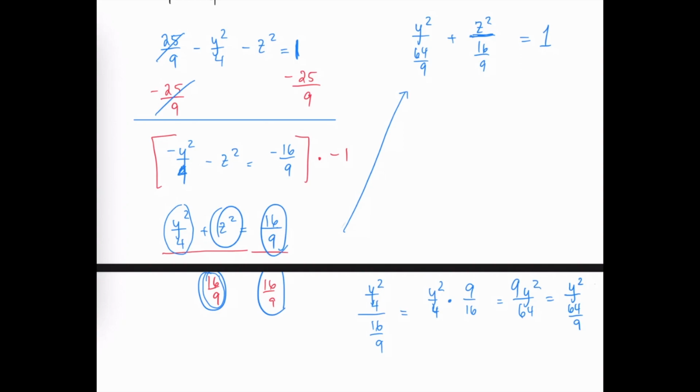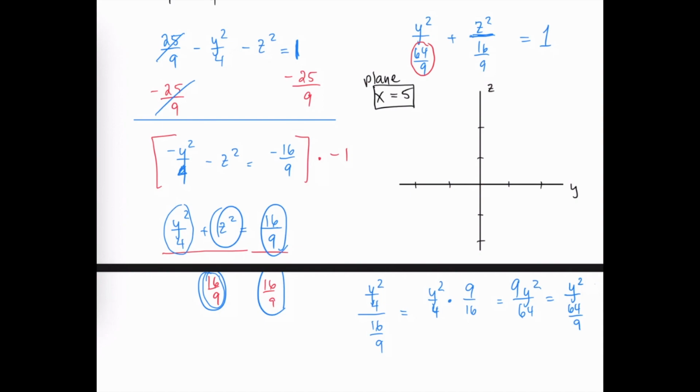So in the plane x is equal to 5, which is a plane that is parallel to the YZ plane, let's kind of just draw it like this. We're going to have an ellipse centered at the origin, traveling square root of 64 over 9, which is 8/3. 8/3 is a little bit more than 2, so we're going to be moving a little bit more than 2 in the direction of y, and then in the direction of z, we're going to be moving the square root of 16/9.